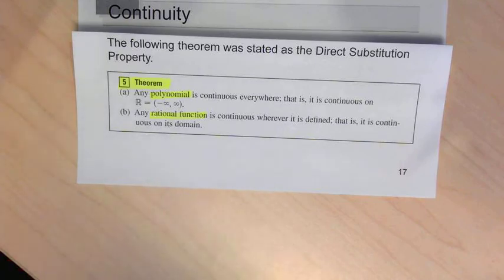We don't have to do anything to prove that. We can just simply state this theorem. A rational function, we don't have to do anything to prove that it's continuous. All we have to do is show that it's defined at whatever value we're showing that it's continuous. And that theorem number 5 would give us that the function is continuous.